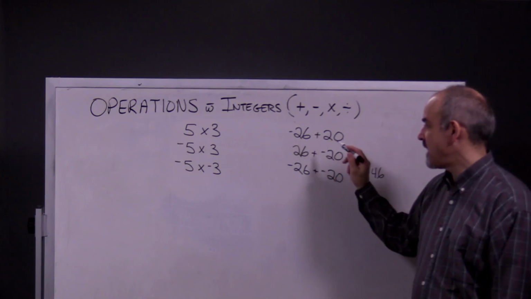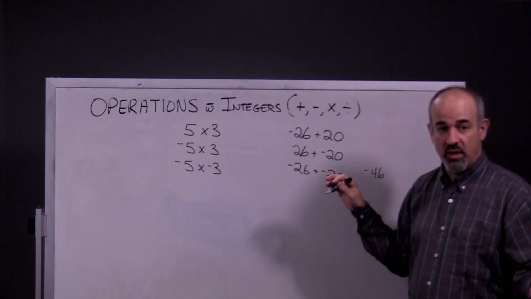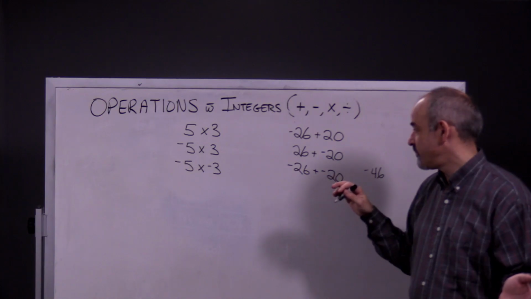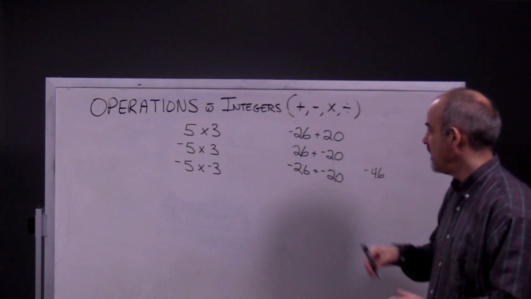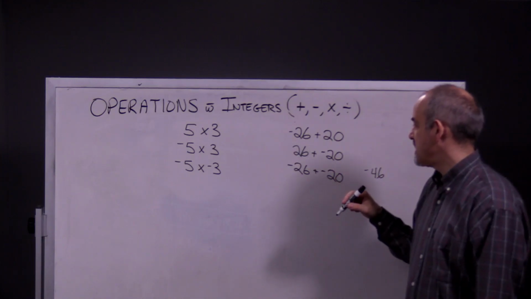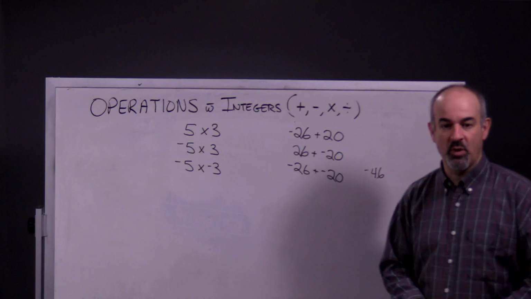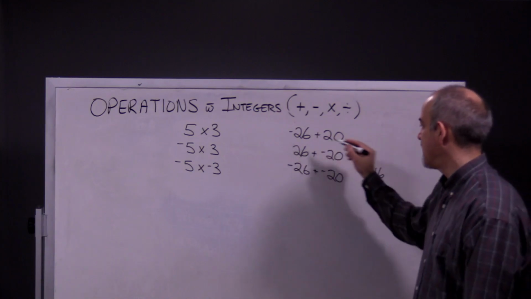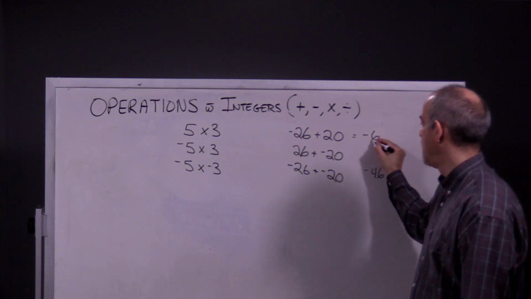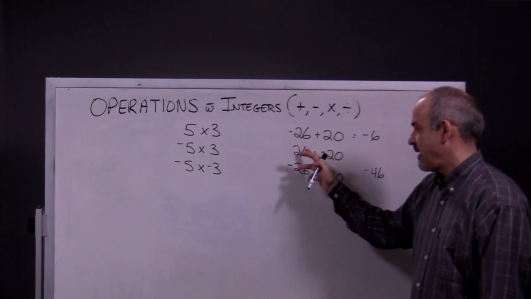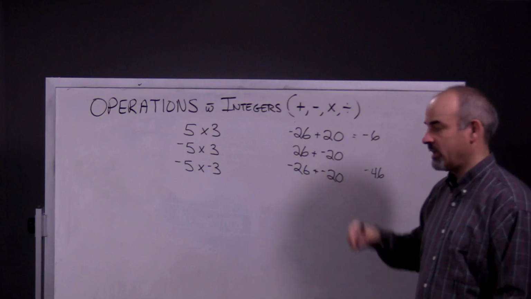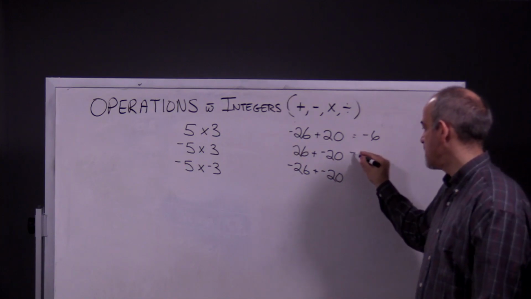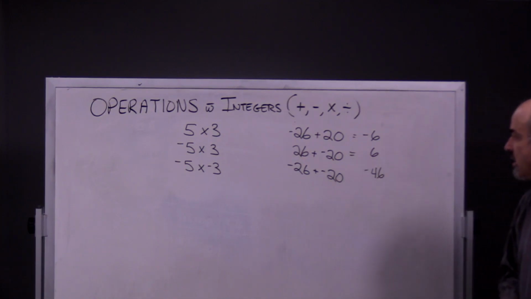So 26 minus 20, always just take the smaller number away from the bigger number. So 26 minus 20 is 6, but since the number with the greater magnitude was the negative number, the answer will be negative 6. Then same here, 26 minus 20 is 6, and since the one with the greater magnitude was positive, the answer will be positive 6.